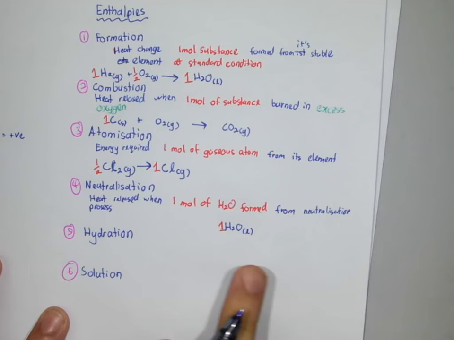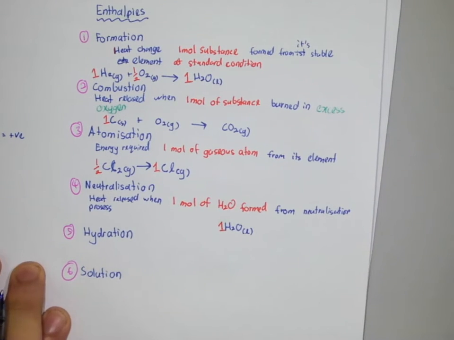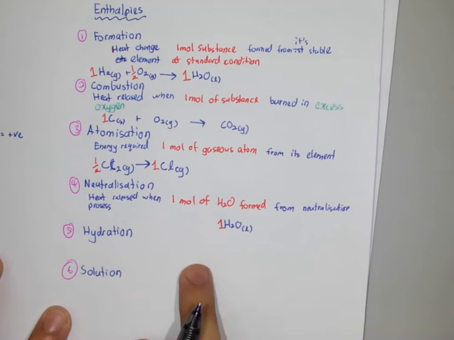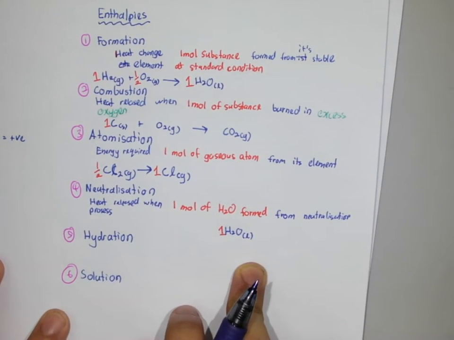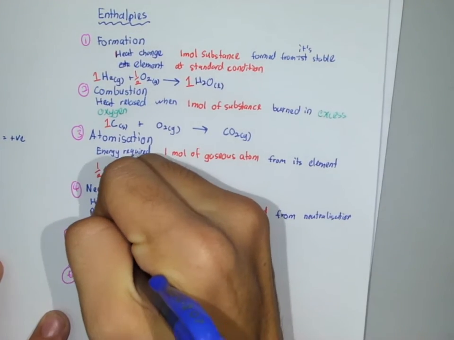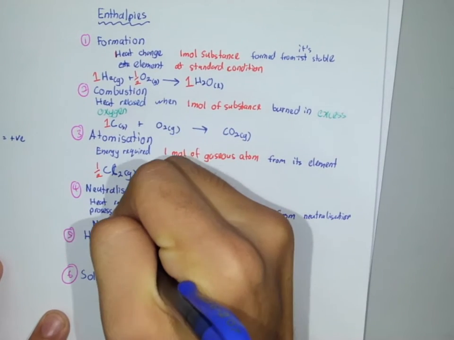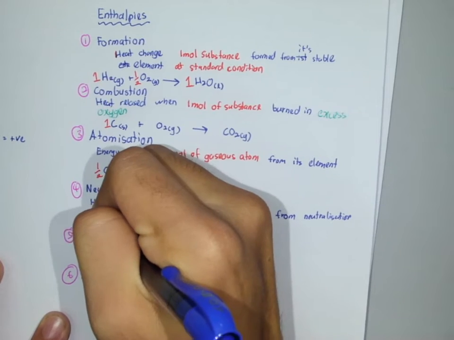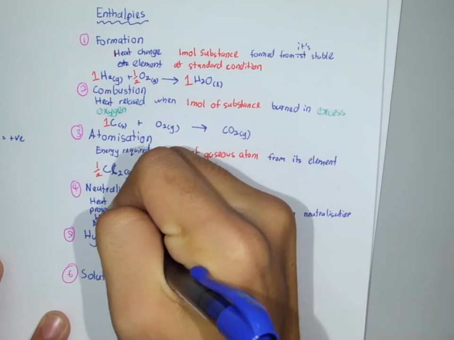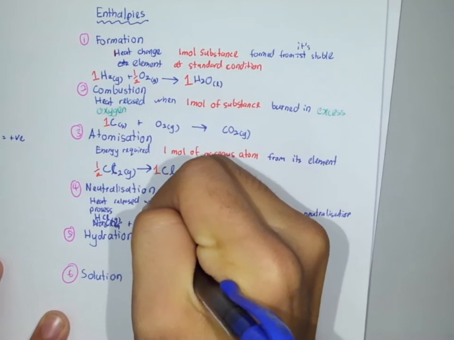So remember, for acid plus base, we always get salt. We will always get its salt and water. So for example, let's look at the simplest one, HCl plus NaOH.